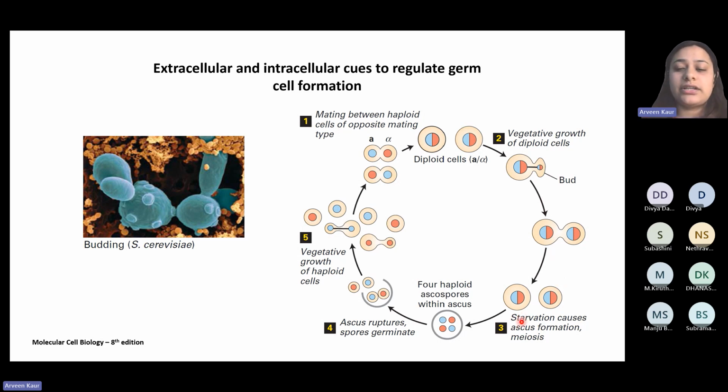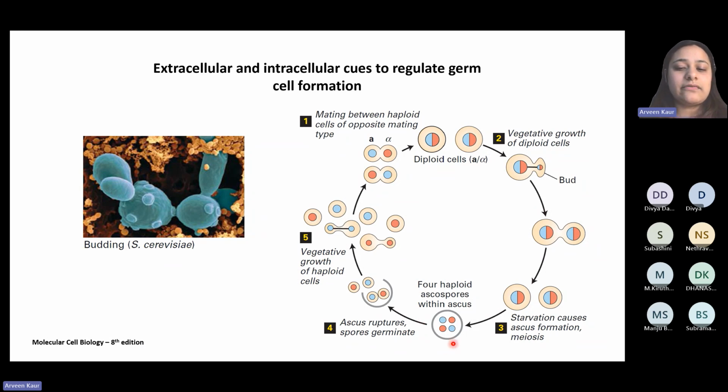But if the conditions are not favorable, again, like we spoke about earlier, then starvation will occur and it will cause the ascus formation and meiosis, right? So, what is this ascus formation? In this, there will be a formation of an outer covering, which is very, very resistant to most of the stresses that are present externally in nature.